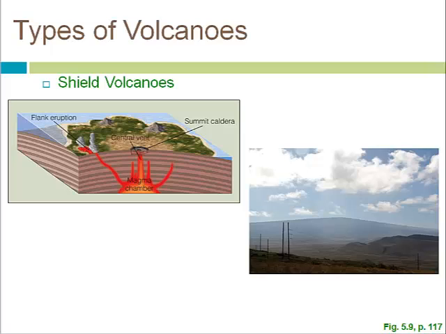The Hawaiian volcanoes are shield volcanoes. So if you look at the Hawaiian Islands, they're shield volcanoes. They're very large. If you think about the size of the Hawaiian island, it is the tallest mountain in the world.